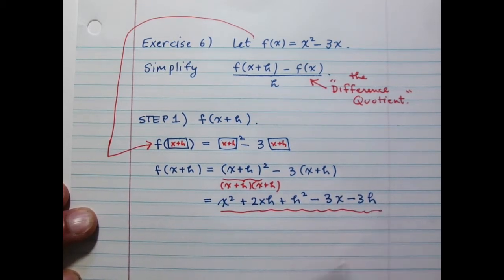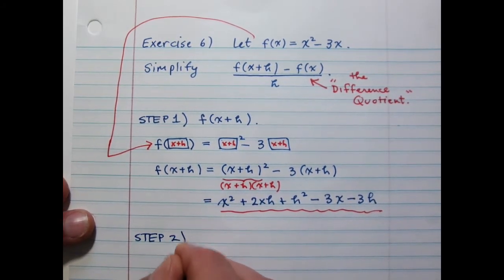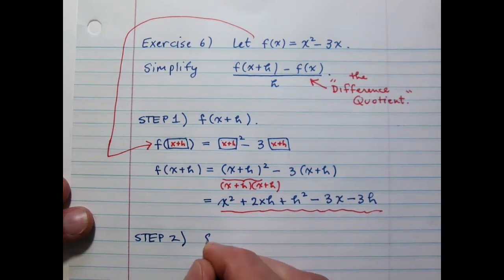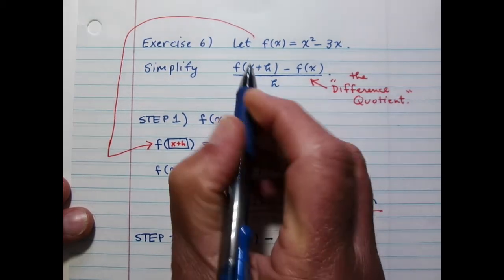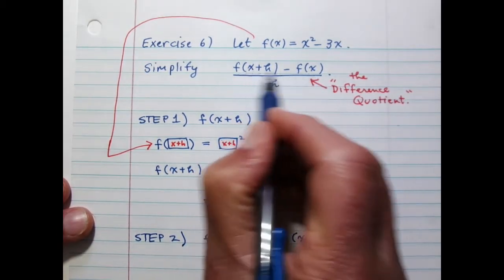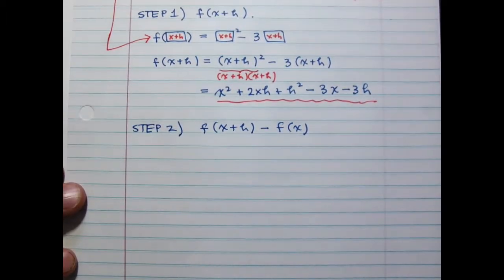None of those terms are like terms. Step 2 is to now calculate f of x plus h minus f of x, which is the numerator of this fraction. So we're just going to work on the numerator.